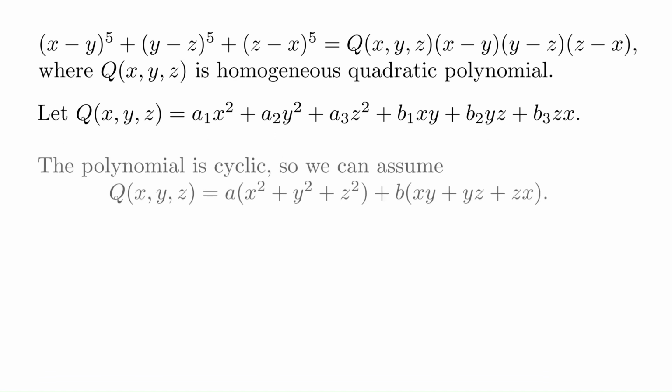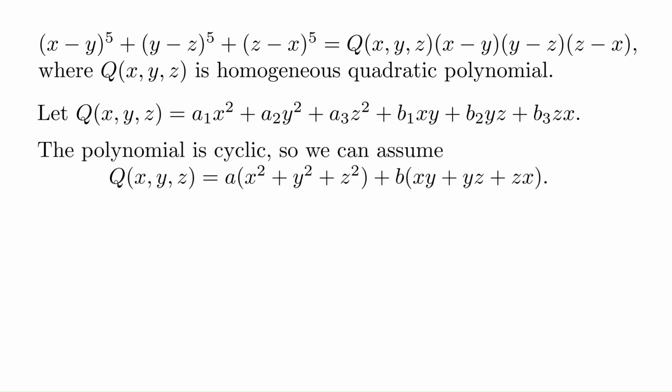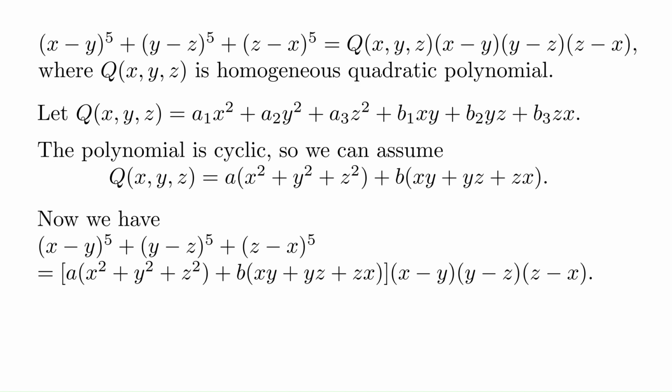However, we know the polynomial must be cyclic, so the coefficients for x squared, y squared, and z squared should be the same, and the ones for xy, yz, and zx should be the same as well. Now, we have only 2 constants to determine, a and b, and we need 2 equations for that.